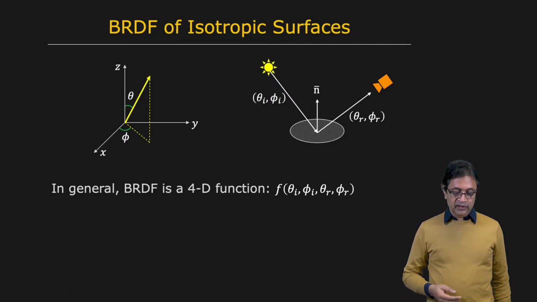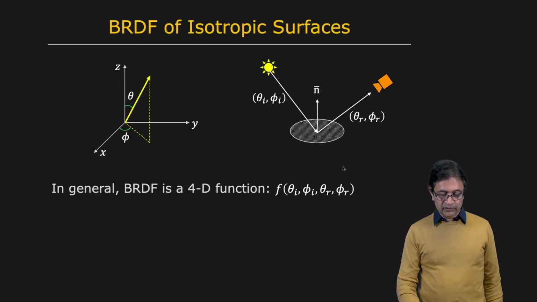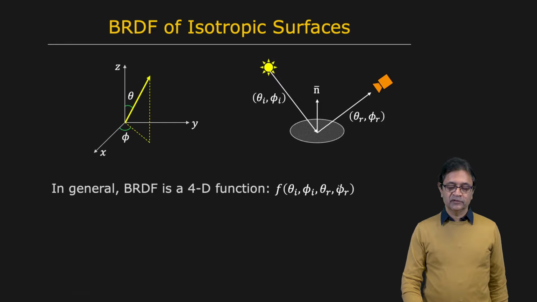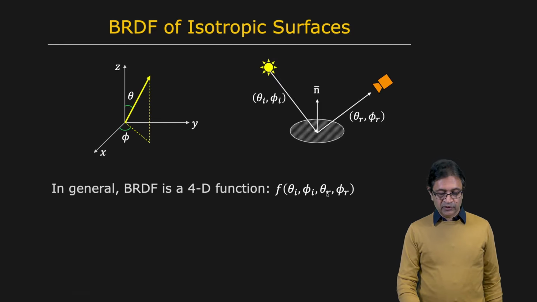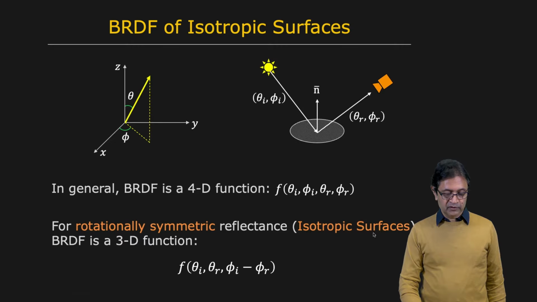So in general, we see that the BRDF is a four-dimensional function. But for a lot of surfaces, it can be described using a three-dimensional function. These are surfaces that we'll call rotationally symmetric in reflectance. These are also called isotropic surfaces.